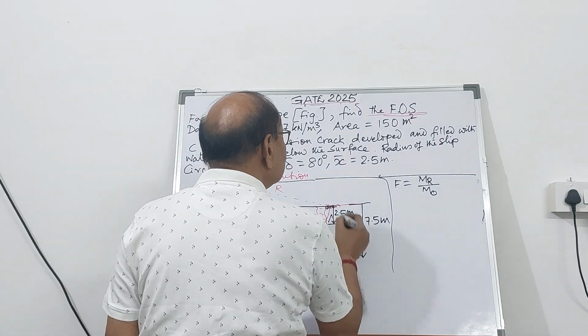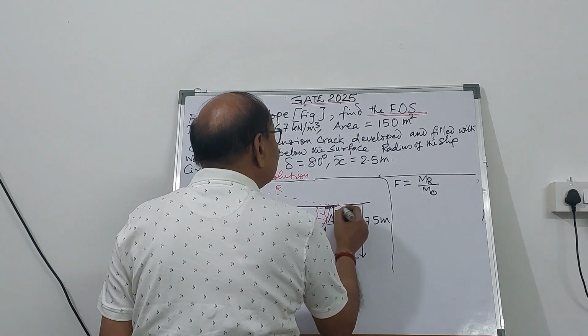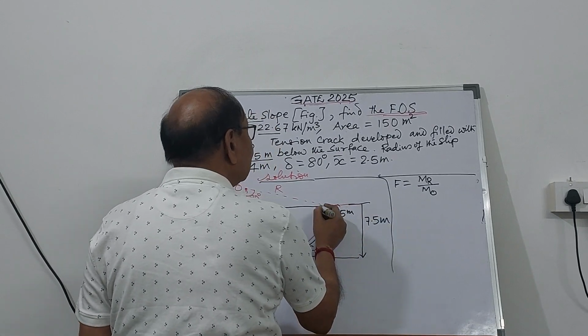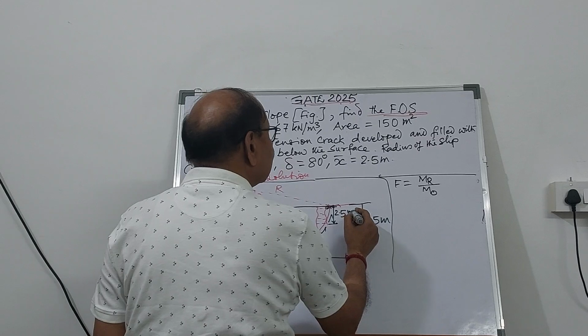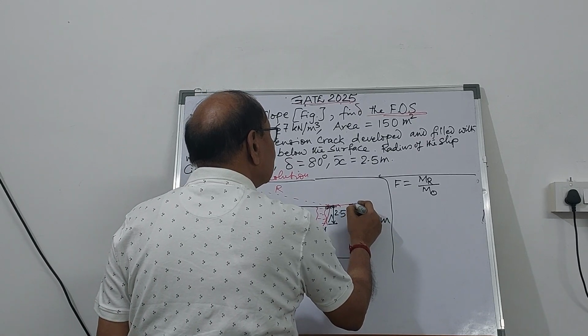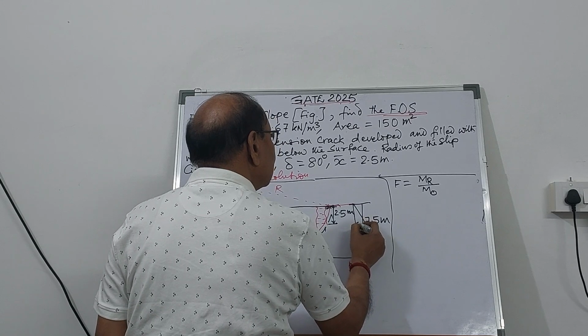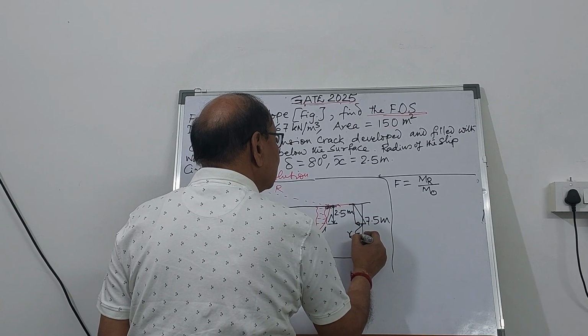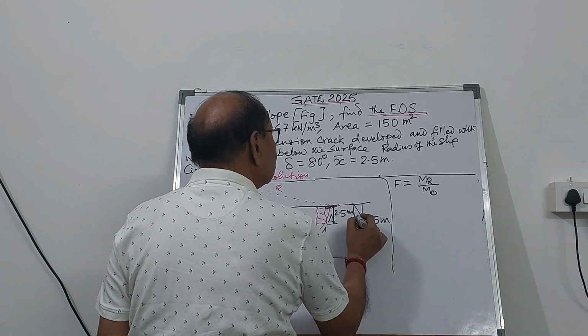And if you calculate the lateral thrust due to this water, it will be gamma W into ZW.